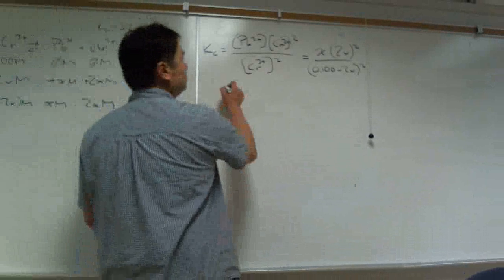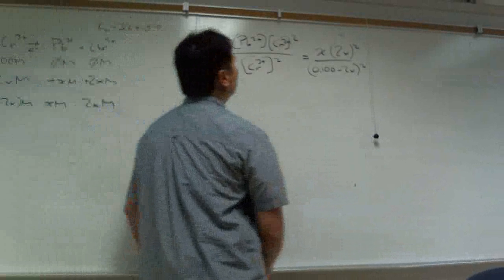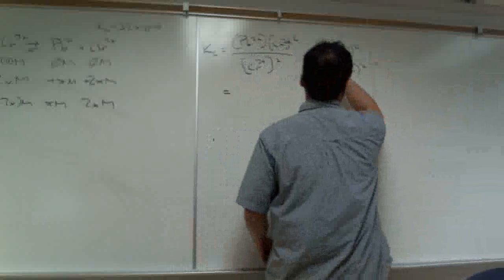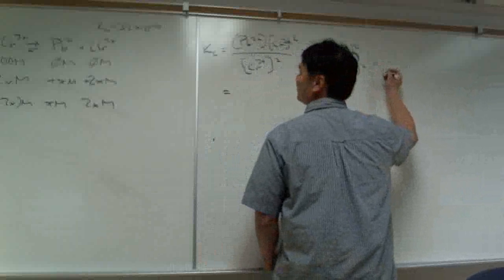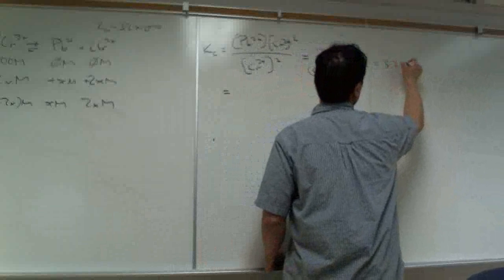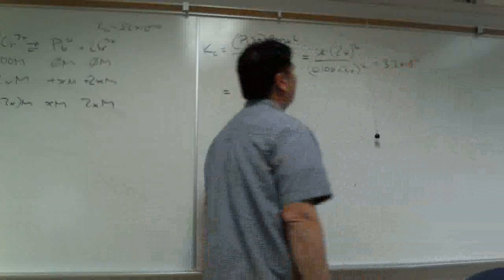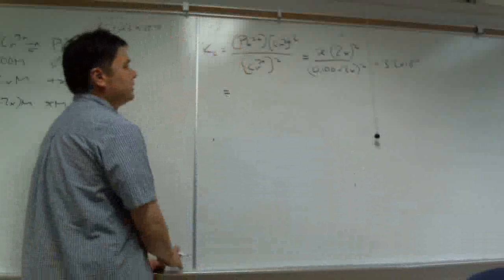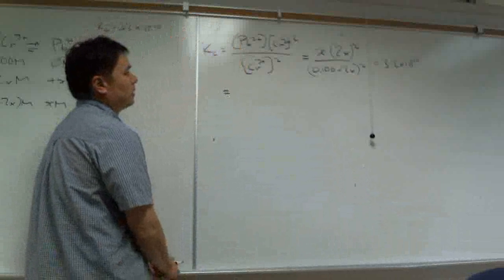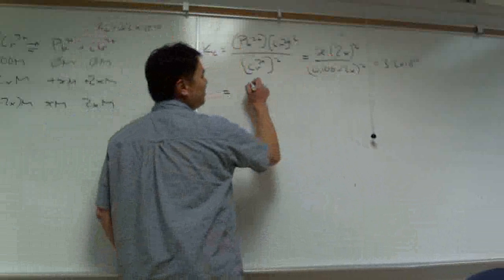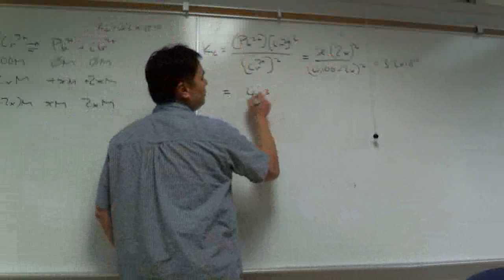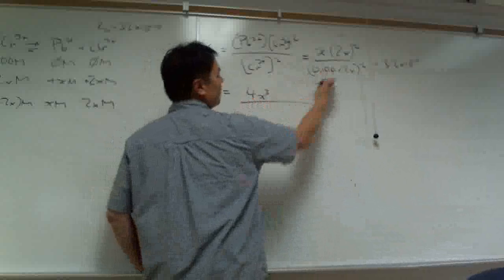So we ignore the lead solid? Yes, the lead solid is in here, activity is 1. This is equal to 3.2 times 10 to the minus 10, the given value for Kc. And so this is going to be 4x cubed divided by, let's go ahead and multiply out this binomial.